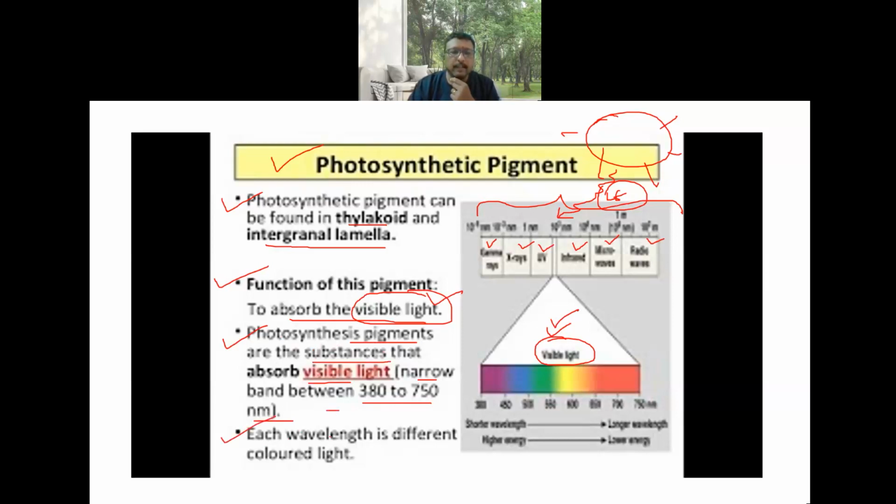Each wavelength is different, having colored light. As you know, visible light has a range of seven colors: violet, indigo, blue, green, yellow, orange, and red.